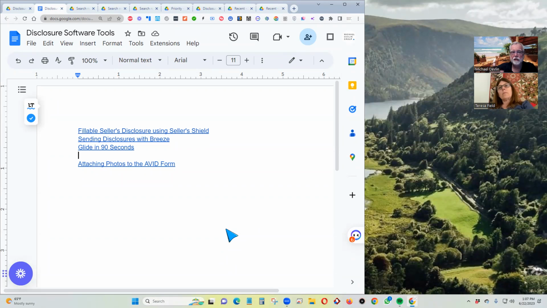If you send this from Zip Forms, they get a big page with parts highlighted for them to answer, and they can go through the TDS and the SPQ and type stuff in. If they use Breeze, Glide, or Seller's Shield, then they're asked one question at a time on their screen.